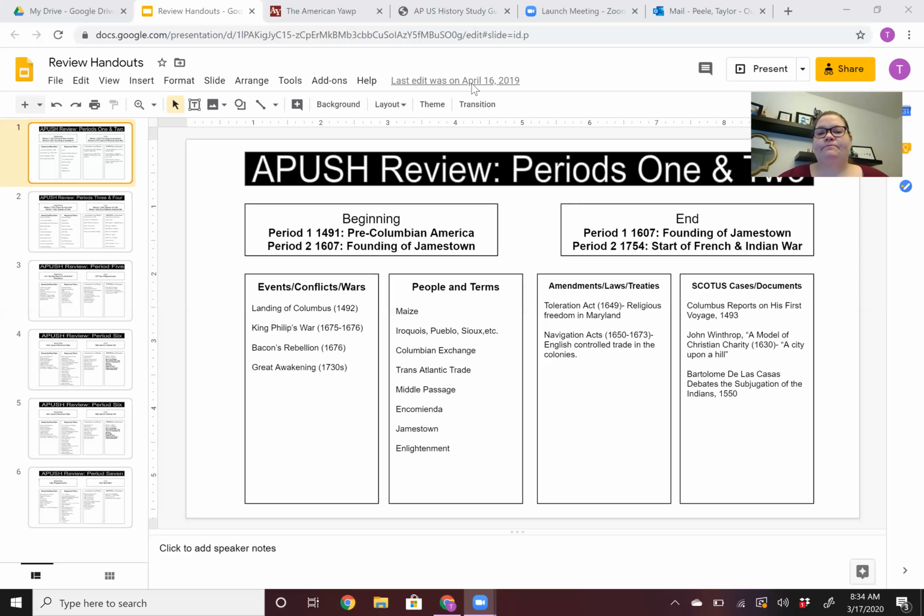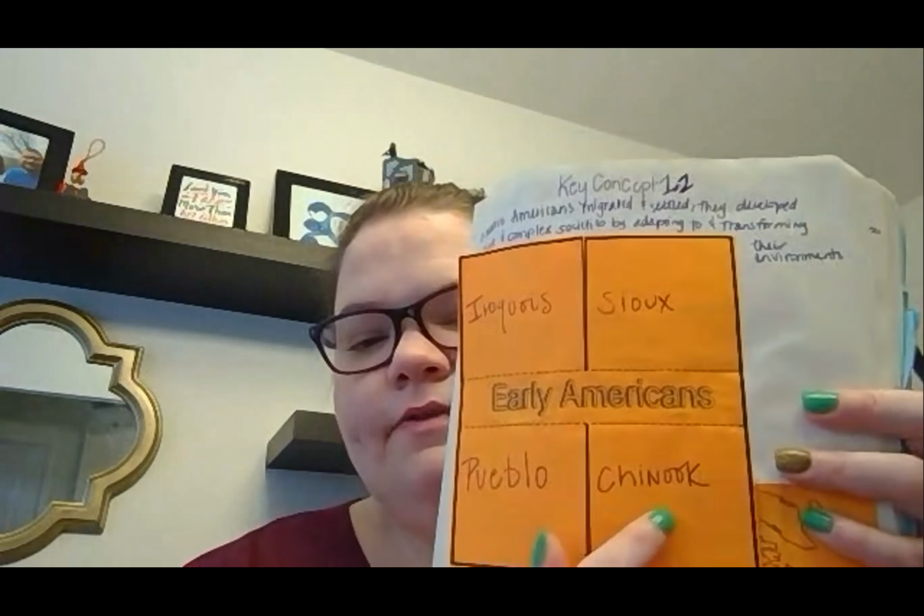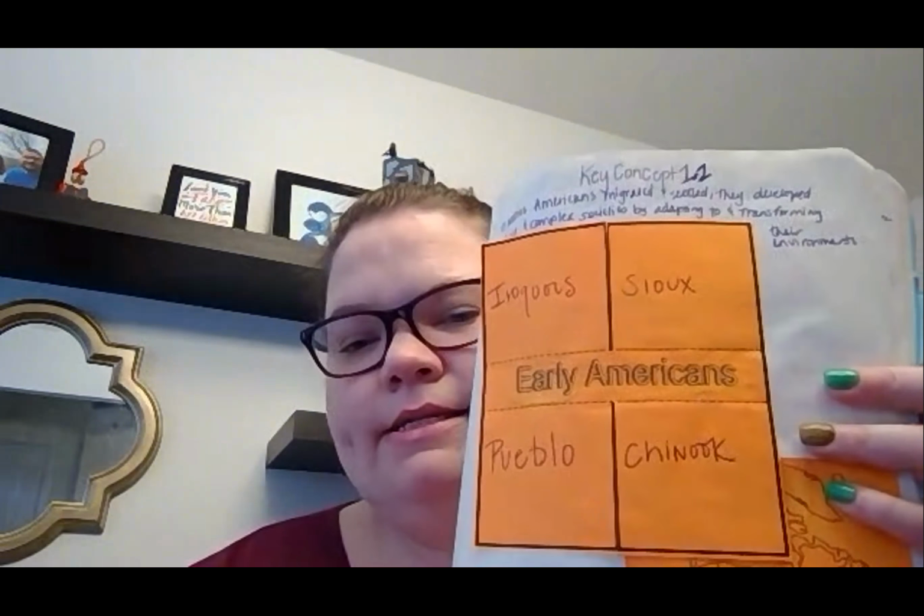So I'm going to flip back and forth between this and your notebook and give you an outline of the things that you'll want to be looking back through. One of the first things that we did, if not the first thing, was a page that looks like this, and it has different early Americans, and it tells you a little bit about how they lived.